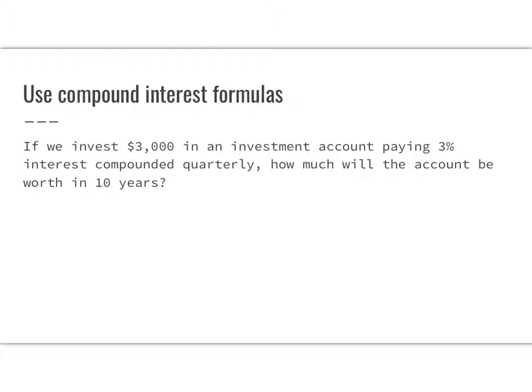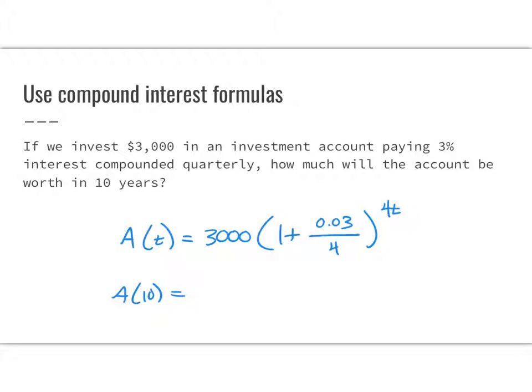So how do we use that formula in a situation like this? So the formula A of t, the principal, the initial amount is 3,000. The rate is 3% over 4, because it's compounded quarterly, meaning it'll be compounded 4 times in a year, to the 4 times t. So then A of 10, you plug 10 in for the t right there and see what you get, right?